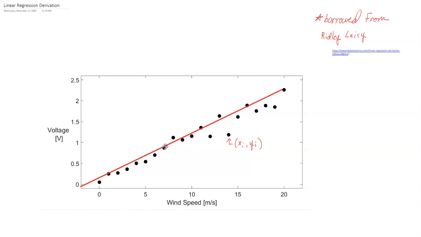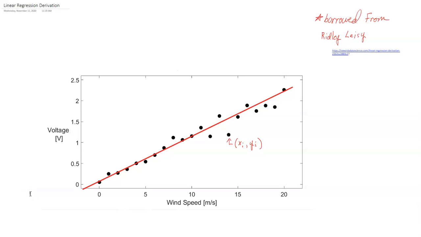We could adjust the y-intercept by moving it up or down to try and find the best fit. And we could also adjust the slope to see if we can find the best line that fits that data.